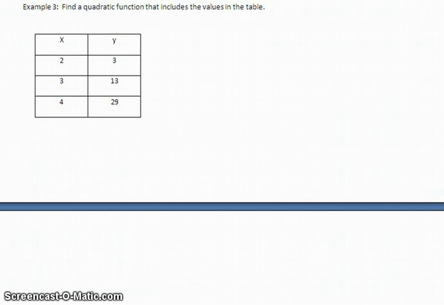Our first step is to substitute my ordered pair into ax squared plus bx plus c equals y. Doing so, I put 2 in for x in my first case, 3 in for y, so I'll have a times 2 squared plus b times 2 plus c equals 3.